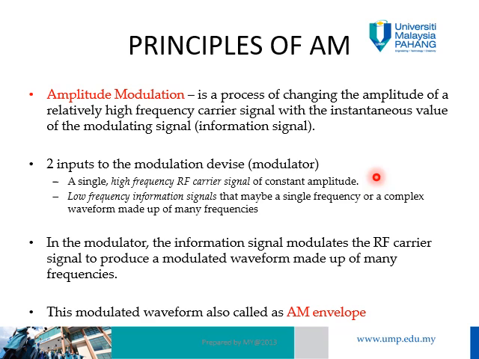In the modulator, the information signal modulates the RF, radio frequency, high frequency carrier signal to produce a modulated waveform made up of many frequencies. This modulated waveform is called the AM envelope, the amplitude modulated signal envelope.